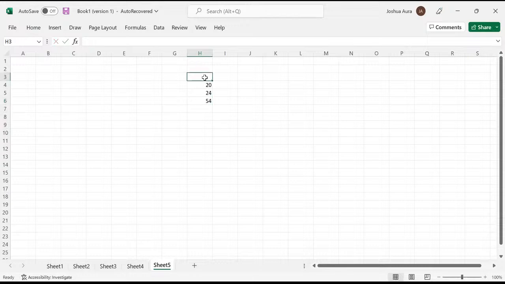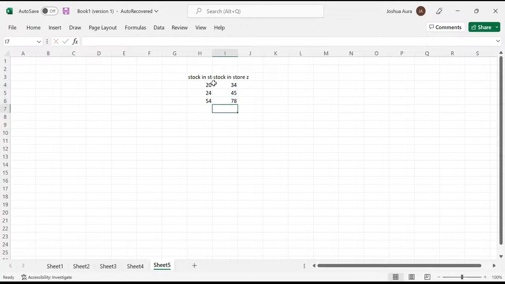This could be, for example, our stocks in store 1. Then we have stocks in store Z, doesn't matter really. So what we have here, for example, could be something like 34, 45, 78, like that.